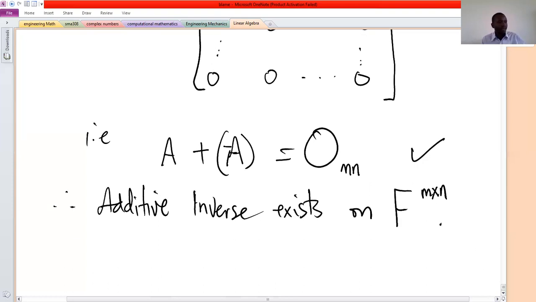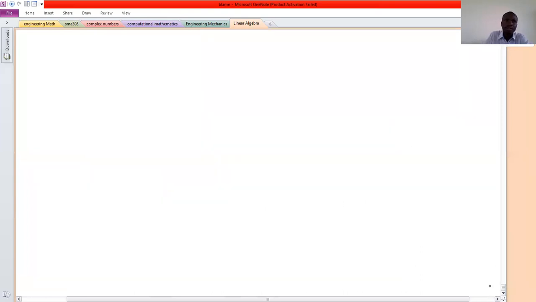Now, from the additive inverse, we go to the closure with respect to scalar multiplication. So closure with respect to scalar multiplication.